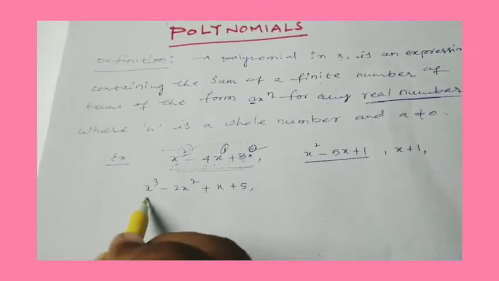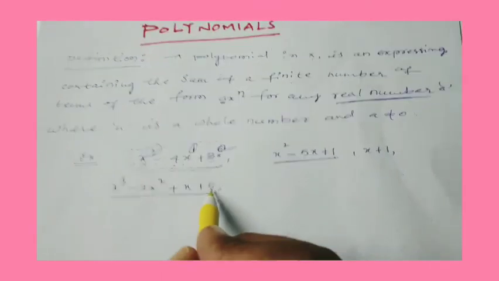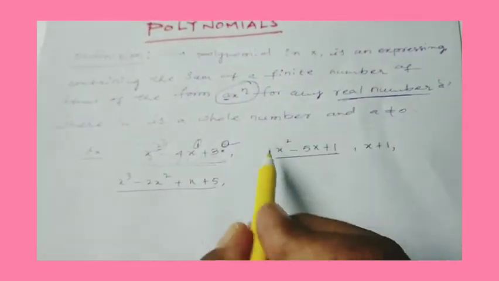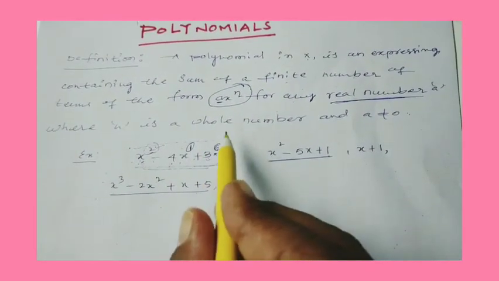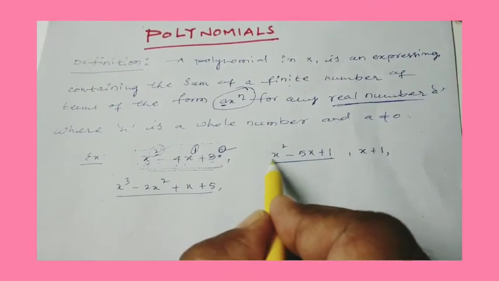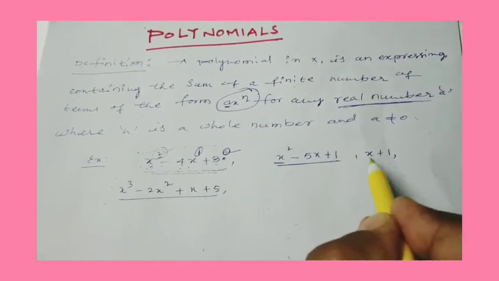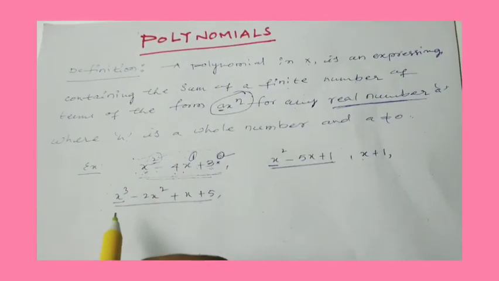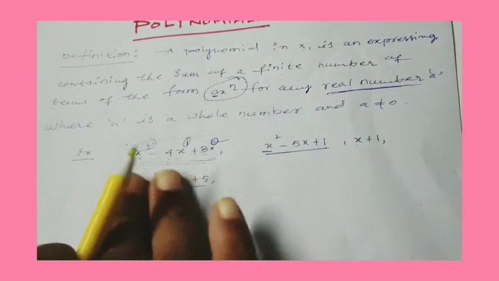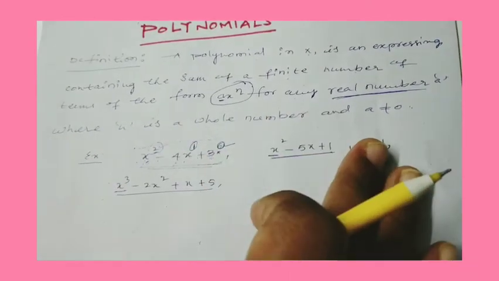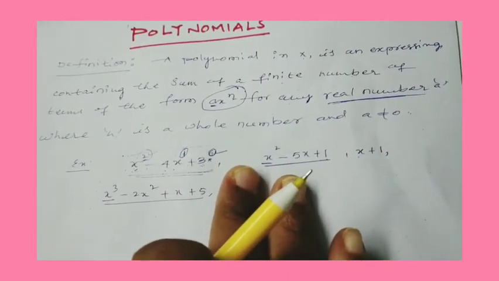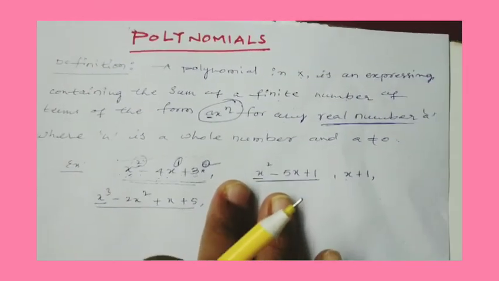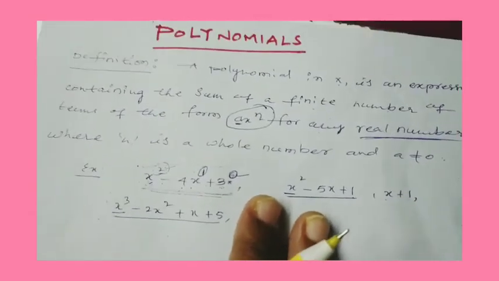This one is also a polynomial. These are satisfying the given conditions: n is a whole number and a is a real number, a not equals to 0. Yes, here the coefficient of x square not equals to 0, coefficient of x not equals to 0, coefficient of x cube not equals to 0. Condition satisfied. So this type of algebraic expressions are called polynomials. All the polynomials are algebraic expressions, but all the algebraic expressions are not polynomials.